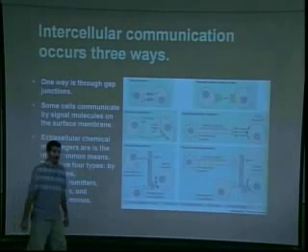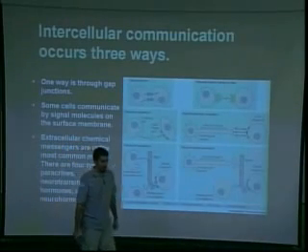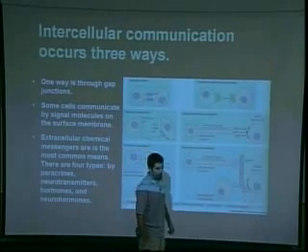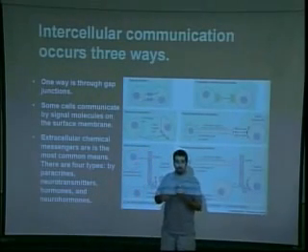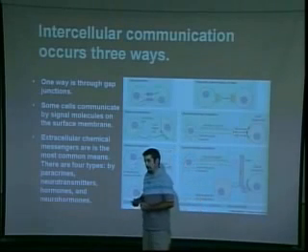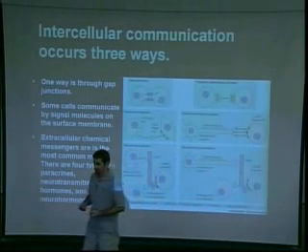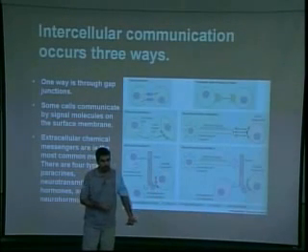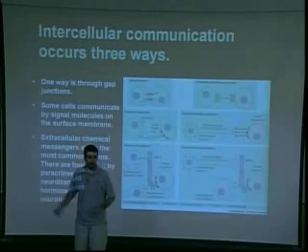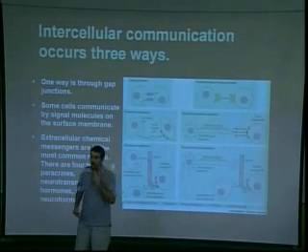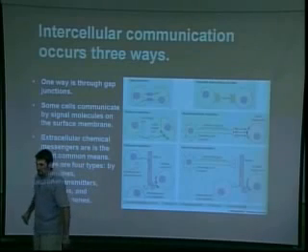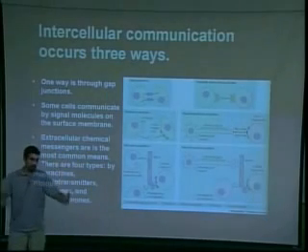Now, cells talk to each other. Okay, this is pretty weird to think about, but our cells do communicate with one another. Sometimes our cells receive information from people right next to them, just like us. We can receive information from the people sitting right next to us. Or we can receive information from a much higher source.